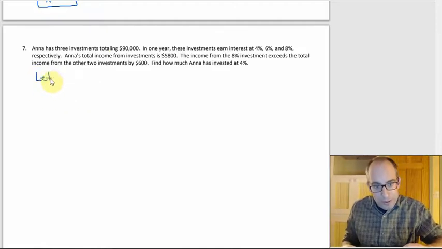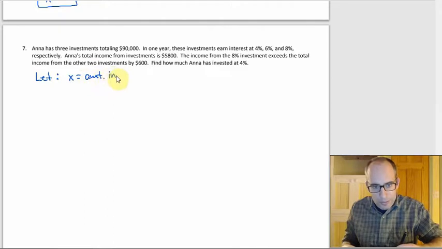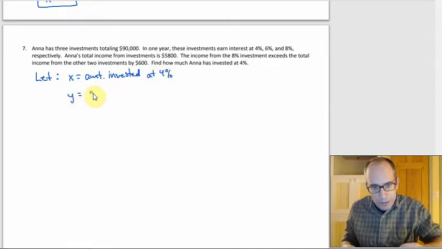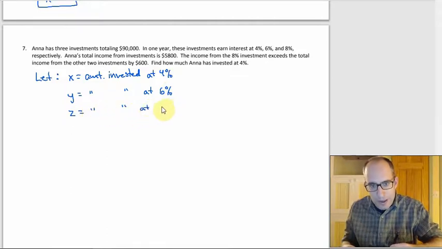So I'm just going to say let x be the amount invested at 4%, and then y will be the amount invested at 6%, and then z will be the amount invested at 8%.